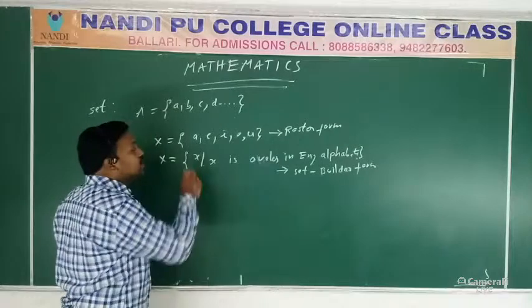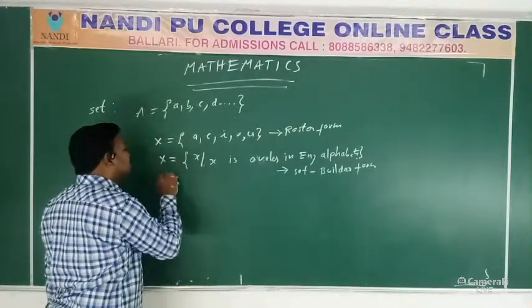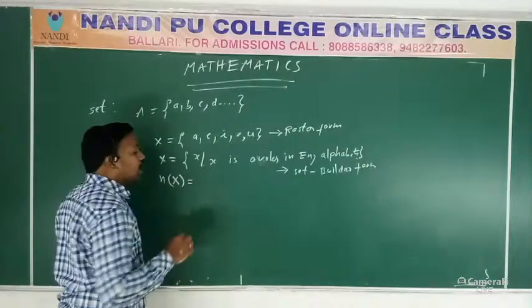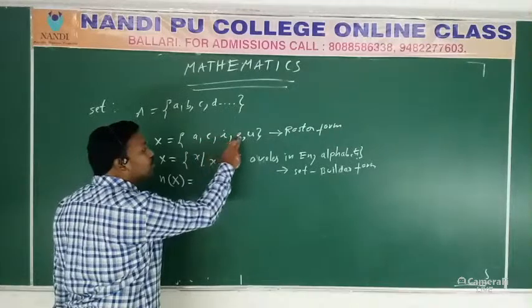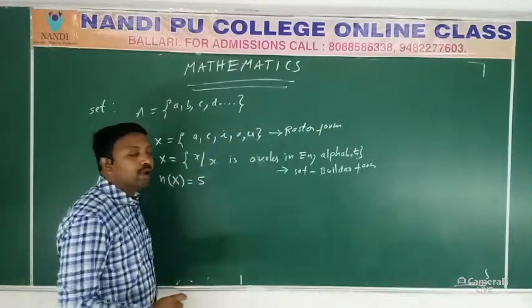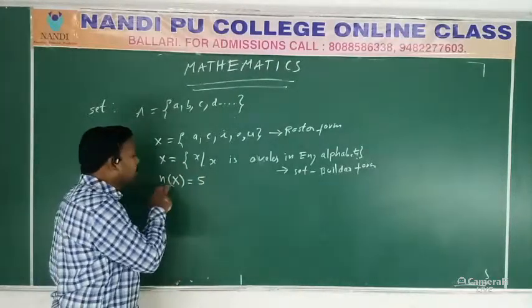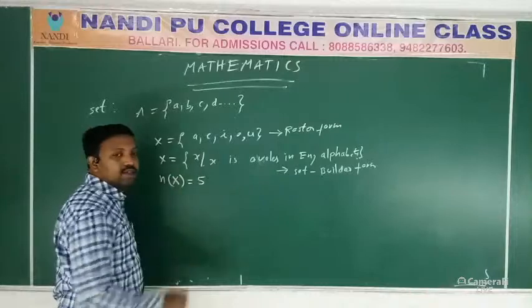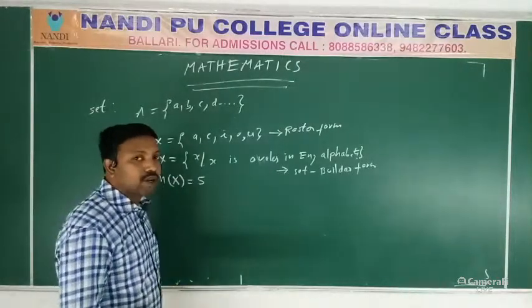Here, if you take this set, its order is n of X. N of X means how many elements are present here? 1, 2, 3, 4, 5. So this is the order or cardinal number of this set. Next, different types of sets we are discussing.